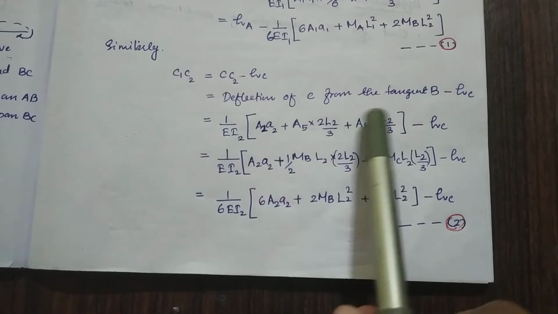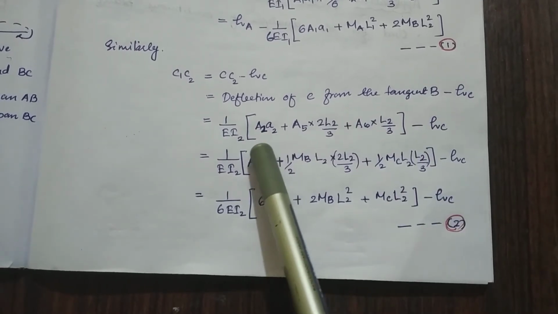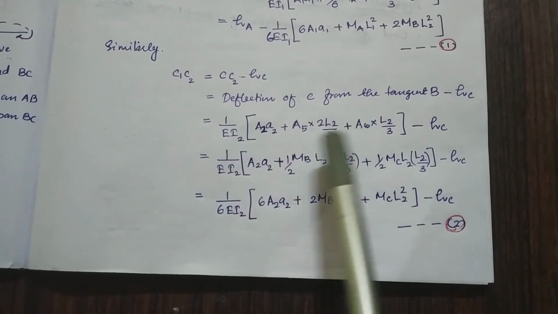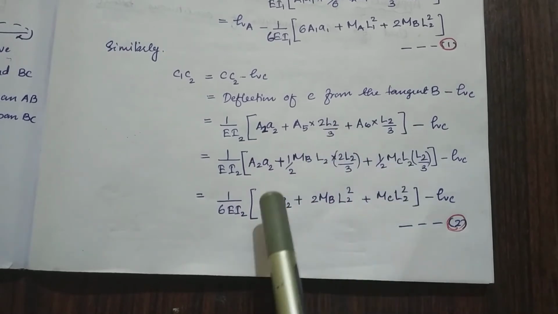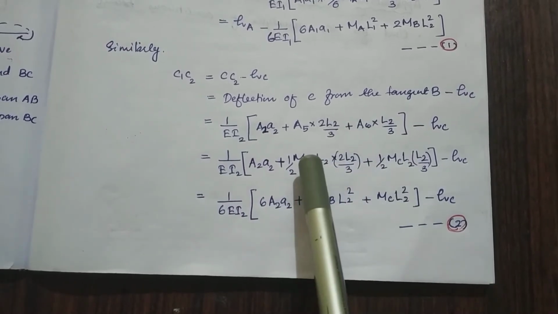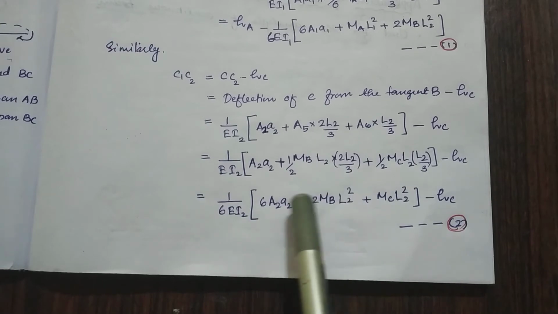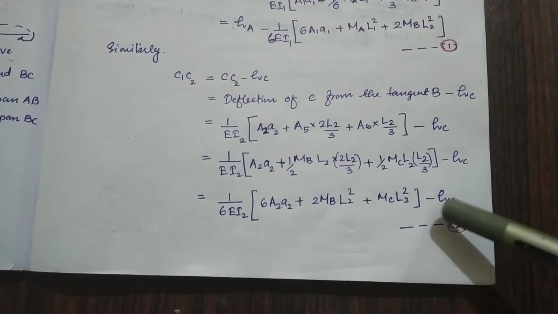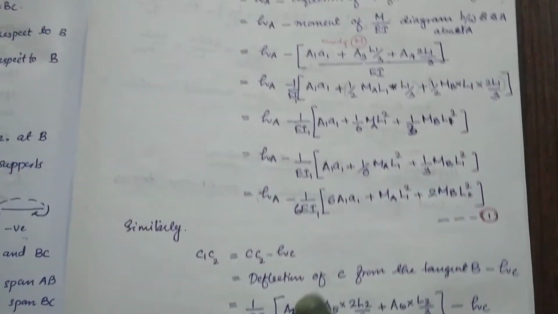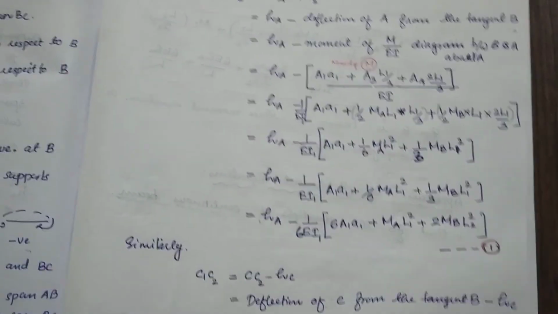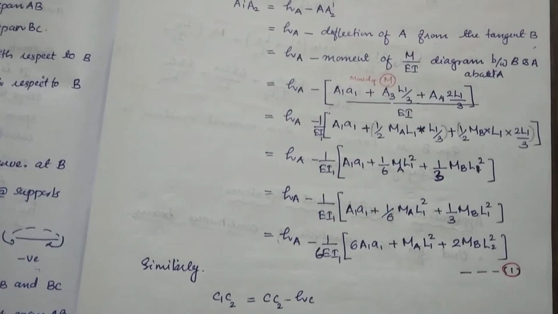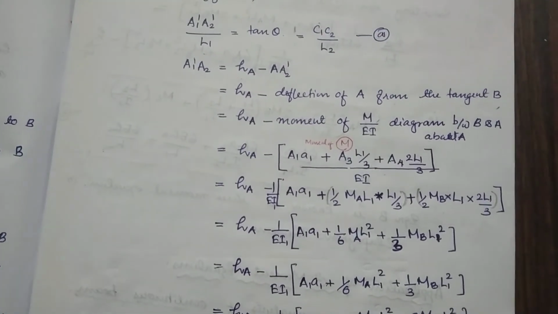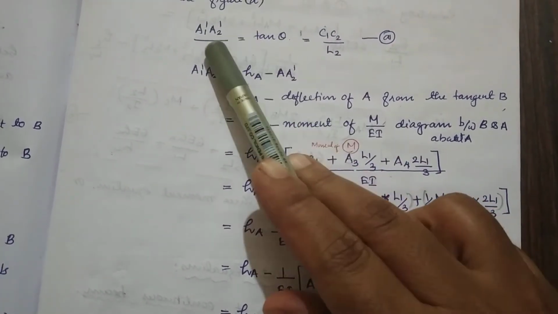Similarly, we can consider the span BC. Then here A2, A5, A6 are the areas and corresponding distances are there. Then A5 and A6, these are two triangles. Then rewrite, you will get an expression. Then our initial expression: these two are the same, that is, our tan theta value is the same for both sides.